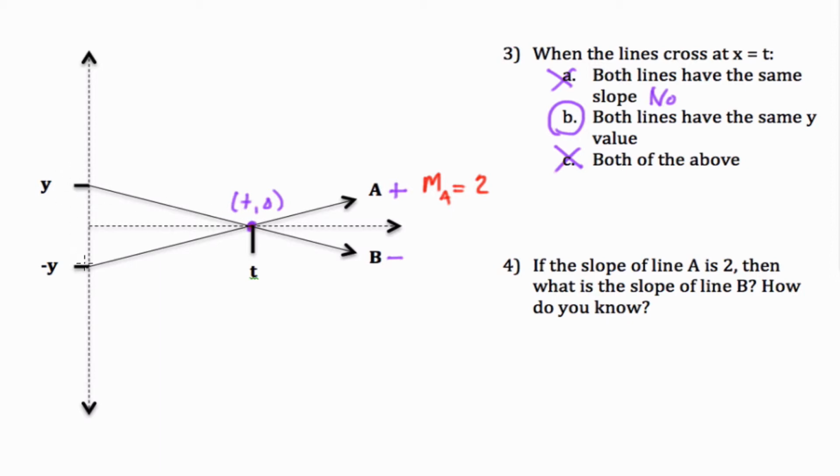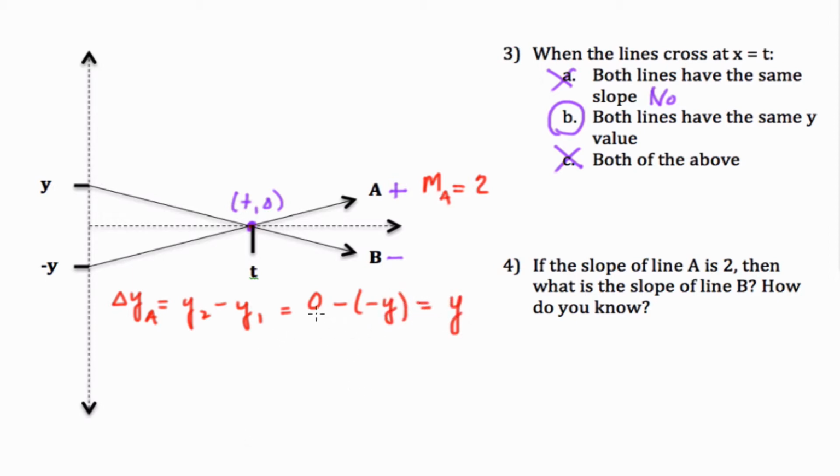And so they both traveled. Their delta y was y. The delta y for A is going to be y2 minus y1. y2 is that second point, y1 is that first point.